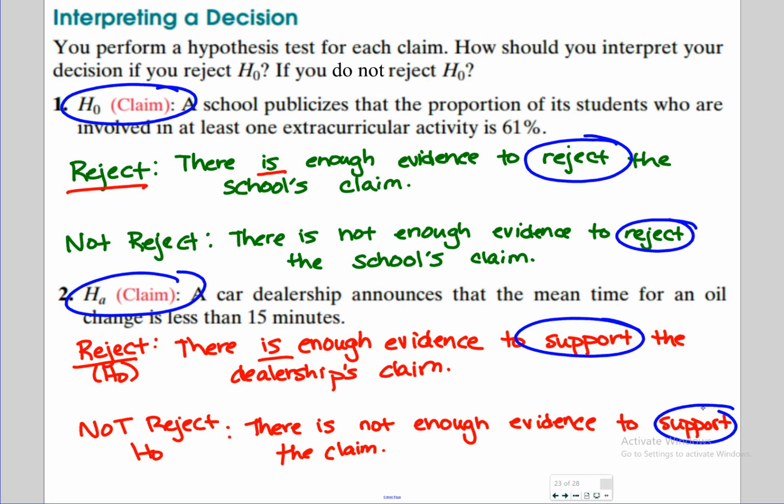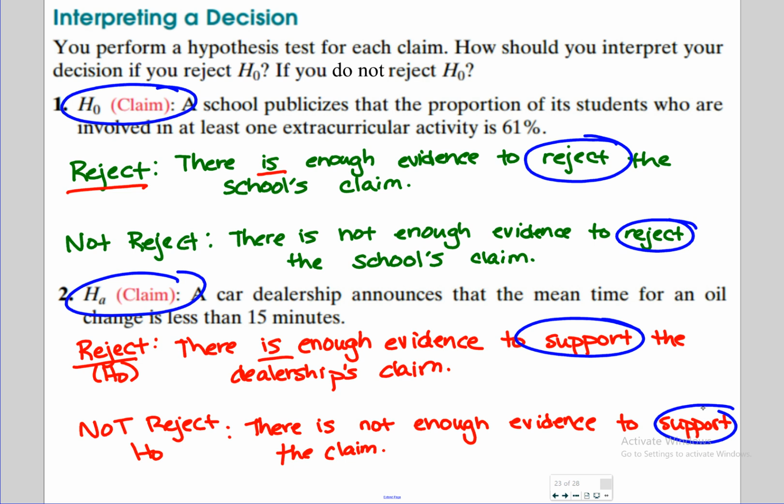Very detail oriented here, how we're going to summarize our findings. So if you were trying to prove that something is true, would you make your claim the alternative or the null hypothesis? You would make it the alternative, right? Because the decision that we're making, if we make my claim the alternative, would support a specific statement.